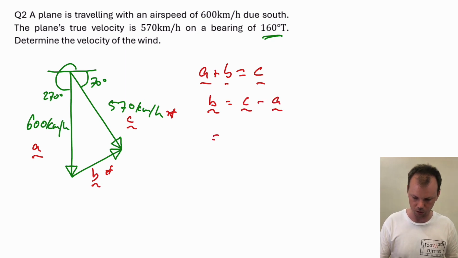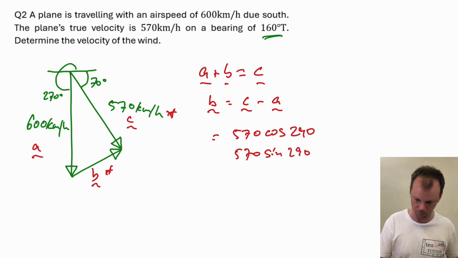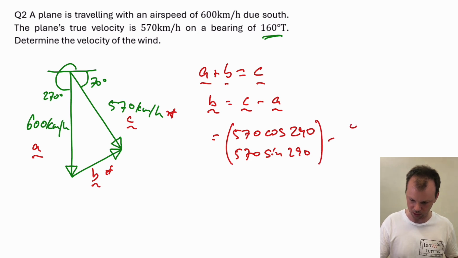Can work that out. So vector C is 570 cos 290, since 360 minus 70 should be 290, I think. Yep, 290. 570 sine 290 minus A, which is just 0, negative 600.